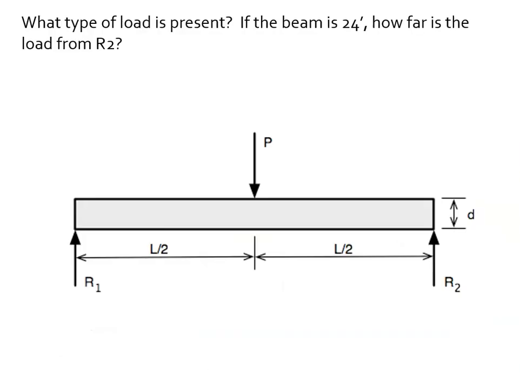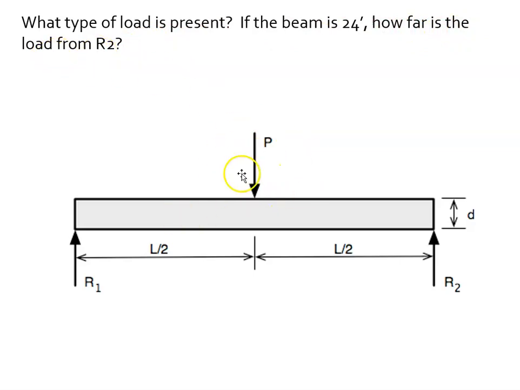Okay. So let's just talk about reading some basic free body diagrams, just see what information we could pull from here. So what type of load is present? That would be a concentrated point load, point P. If the beam is 24 feet long, how far is the load from R2?